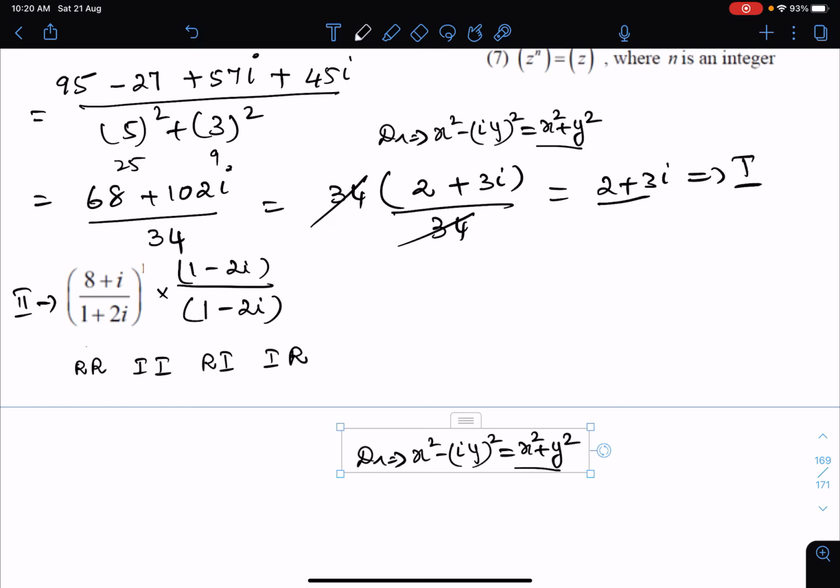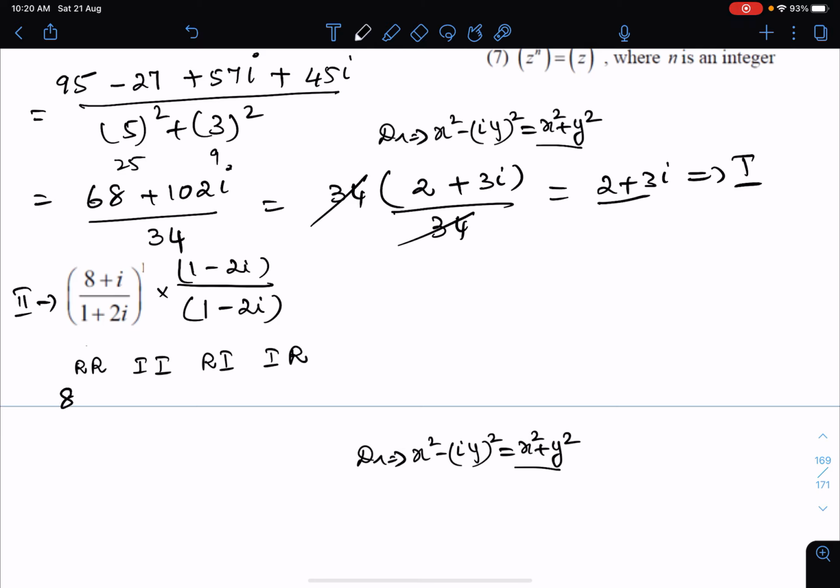So what is our numerator? Real part into real part, 8 into 1 is going to give you 8, and then i into minus 2i is going to give you plus 2, and then 8 into minus 2i is going to give you minus 16i, and i into 1 is going to give you plus i. This is for the numerator, and for the denominator you just square the numbers alone.